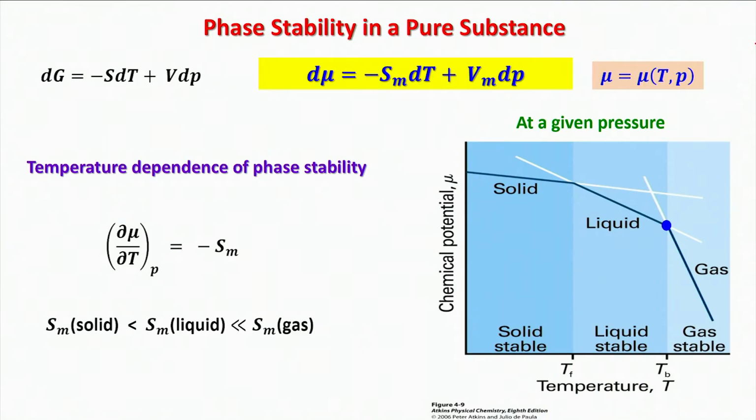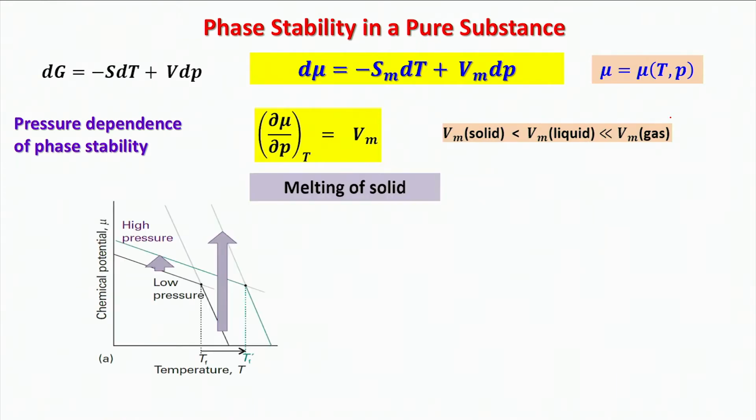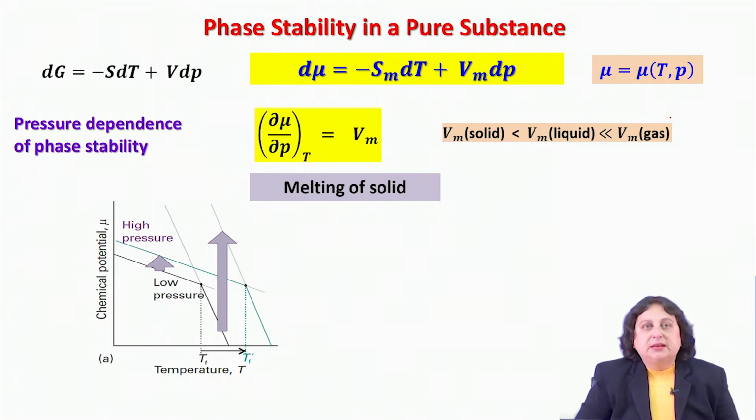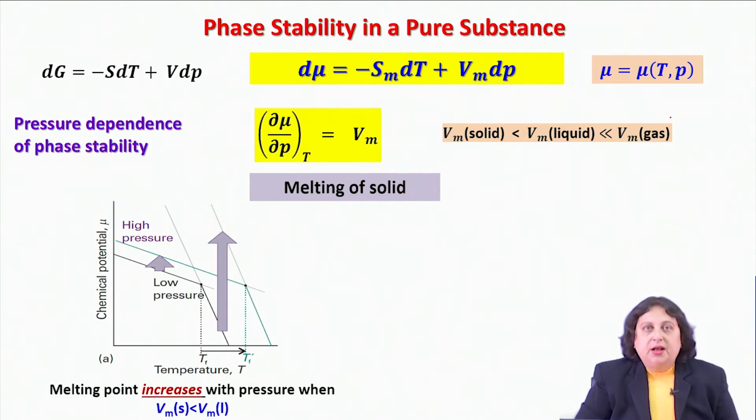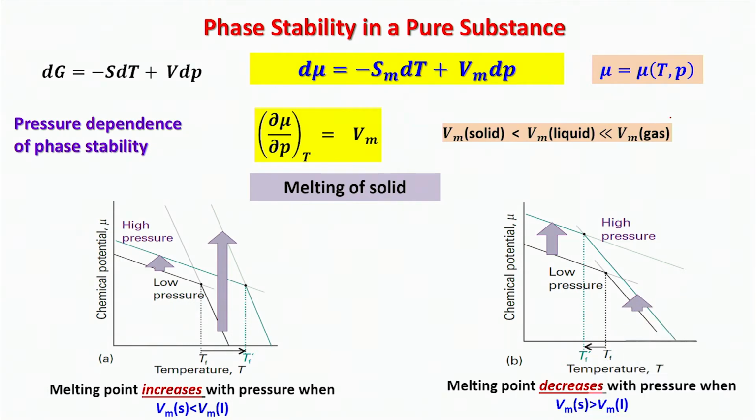We have already seen that for a pure substance, the phase stability can be derived at a given temperature and pressure either by plotting chemical potential as a function of temperature at a given pressure, or by looking at the pressure dependence of phase stability, for instance, the melting of a solid, comparing the plots of chemical potential at higher and lower pressure, so that we can figure out if the melting point is increasing or decreasing with pressure, depending on whether the molar volume of the solid is greater than or less than the molar volume of the liquid.